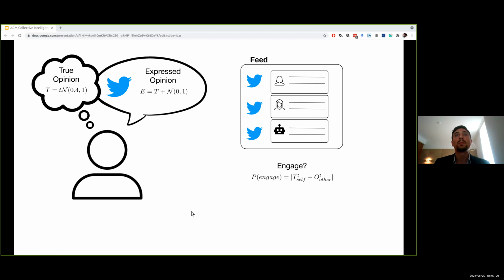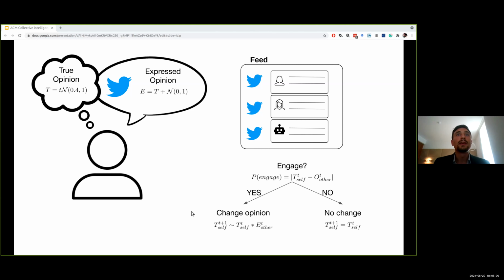But crucially, these public opinions, or tweets if you want, are sorted by our simple recommender system, which in our case was a logistic regression that predicts engagement based on the similarity between the content opinion and the agent's opinion. And the feed was then composed of tweets that were more likely, according to our logistic regression, to elicit engagement.